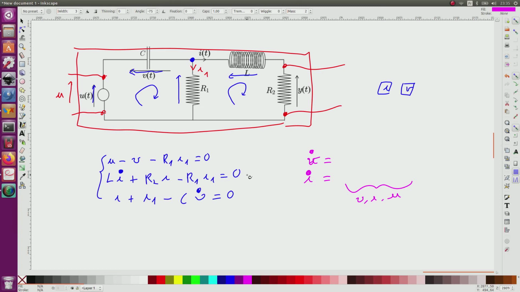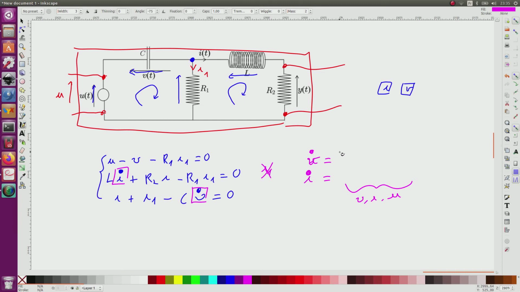Now, for this, I will isolate this one and this one, and I have to eliminate E1. So I will go from 3 equations down to 2 equations.